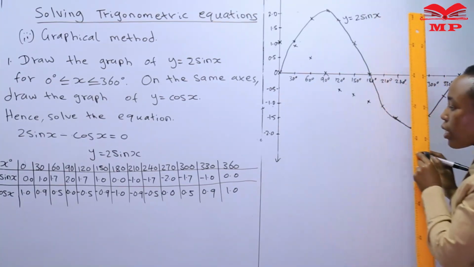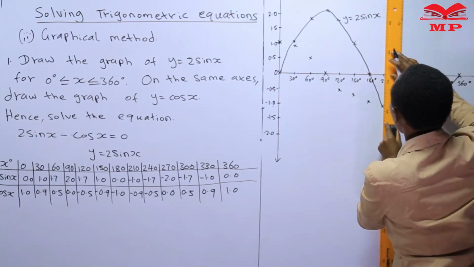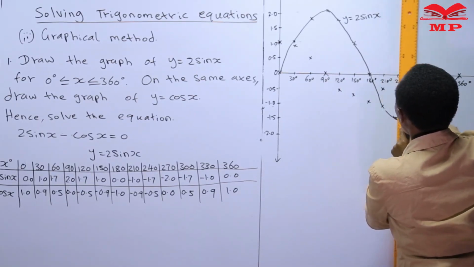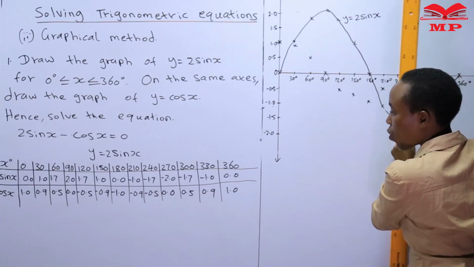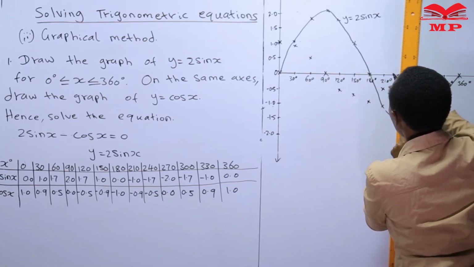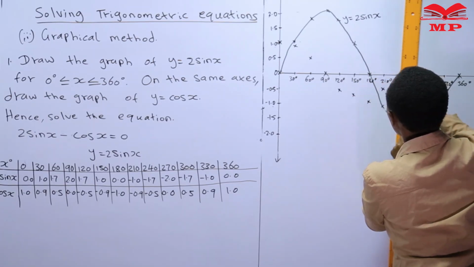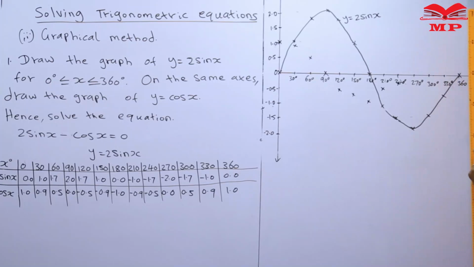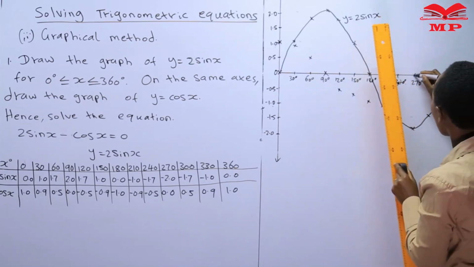Then 210, we have -0.9, which is negative here. Then 240, we have -0.5, somewhere here. Then we have 270, we have 0.